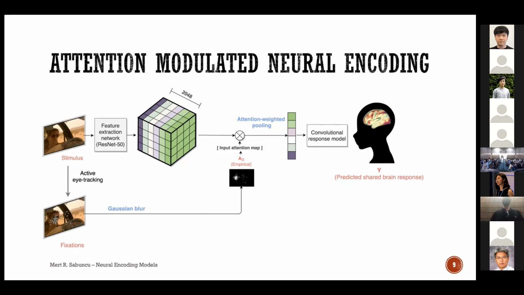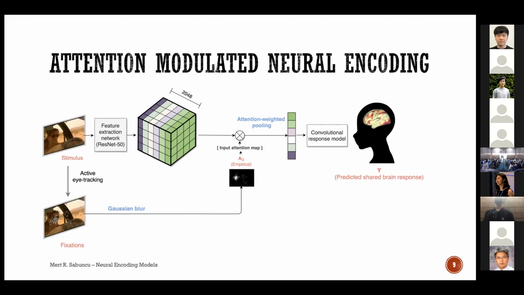And then we're going to take these features and map them to the fMRI response, and there's a couple ways that we're going to do that. One way is we can take the eye gaze data that we've measured, and in this case, it's just going to be the average eye gaze data, and turn it into a Gaussian blob, where we have a mean and a standard deviation.